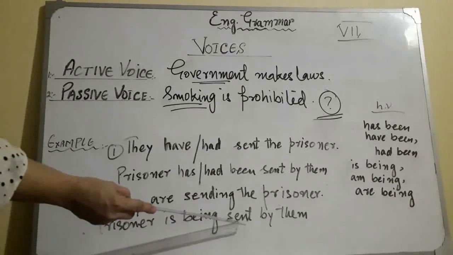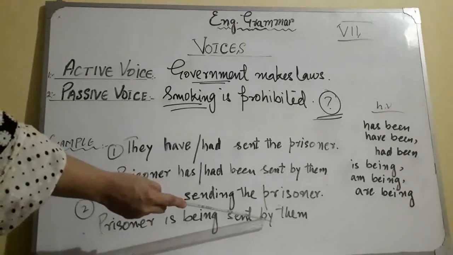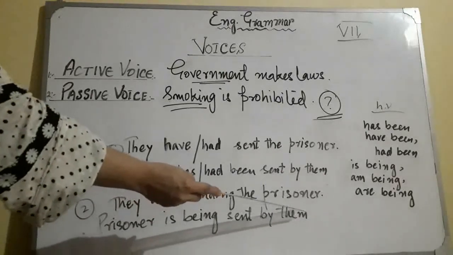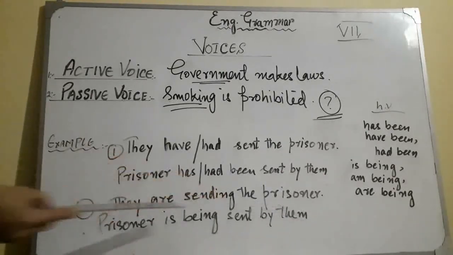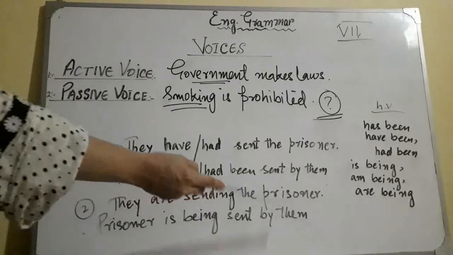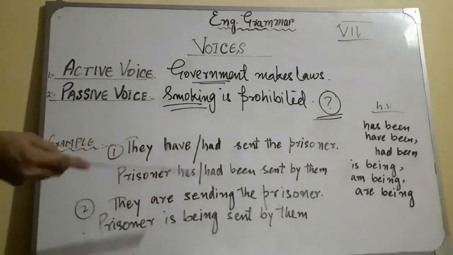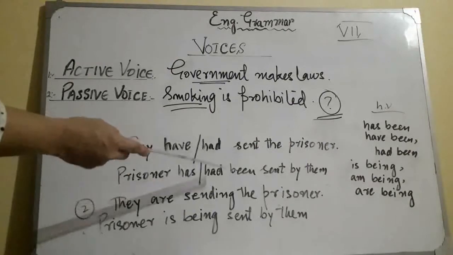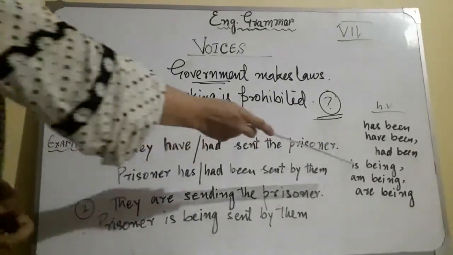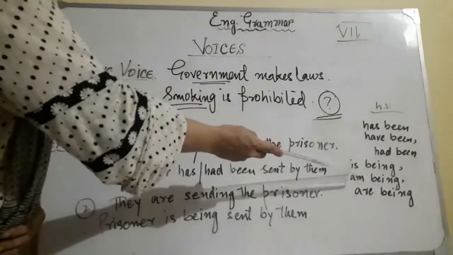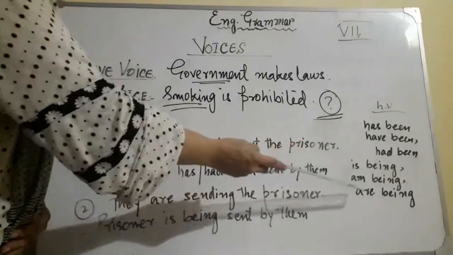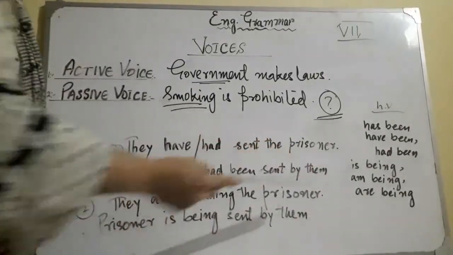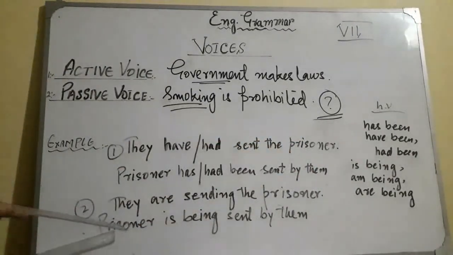Then third form of the verb sent, then preposition by, and then our subject. They is converted into them. Later I'll give you the table. In the same way perfect tense will be changed. For present continuous, our helping verb will be is being, am being, are being according to our object.